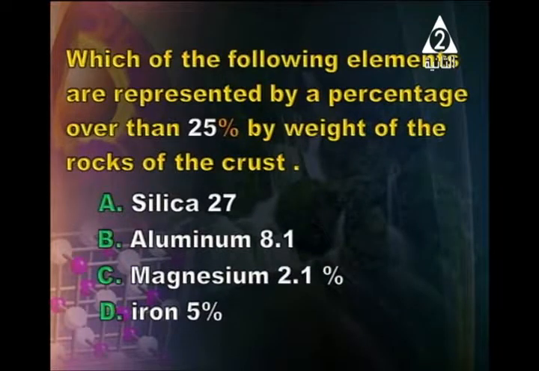As you know, silica is 25%, aluminum is 8.1%, magnesium is 2.1%, and iron is 5%. So the one element here which forms more than 25% of the weight of the rocks of the crust is silica.